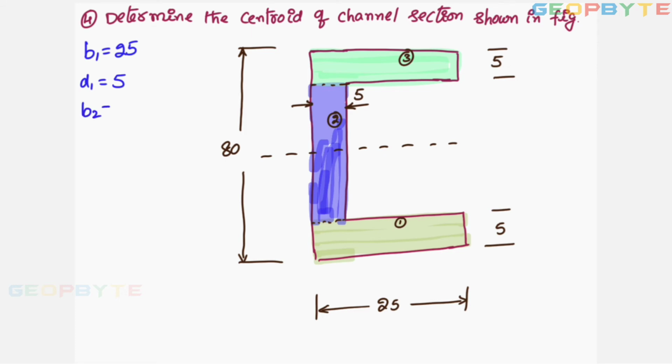Similarly, for section 2, b2 equal to 5, d2 equal to 80 minus 5 minus 5, it is equal to 70. b3 is equal to 25, d3 equal to 10, all with respect to units, maybe in mm.